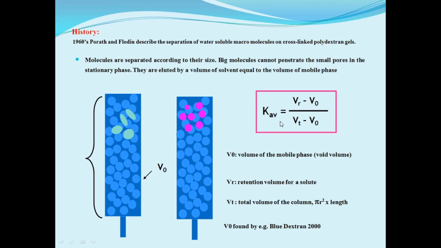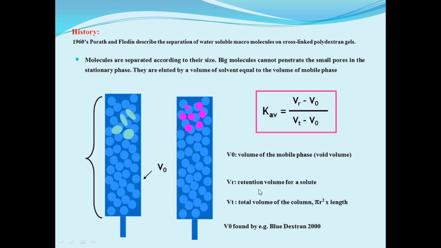Here, K average is equal to VR minus VO upon VT minus VO, where VO is the volume of the mobile phase, that is void volume.